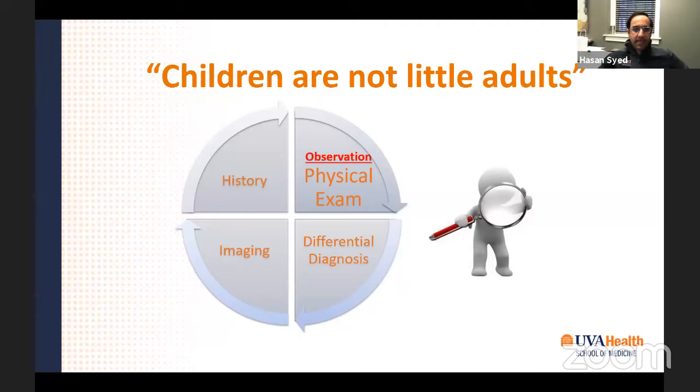And you can pick up a lot of information just with observation. After thinking about the problem, you have a list of differential diagnoses in your head, and that can result in ordering the imaging studies if needed, and then diagnosing the problem.